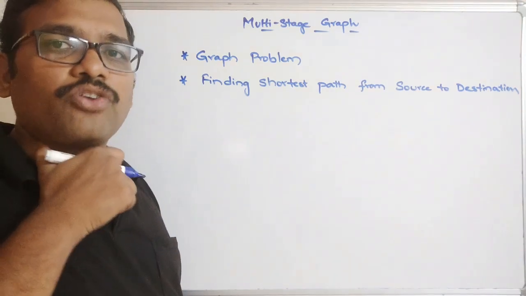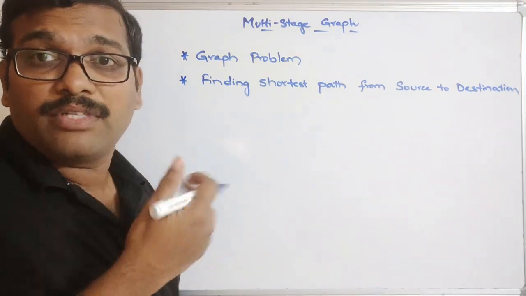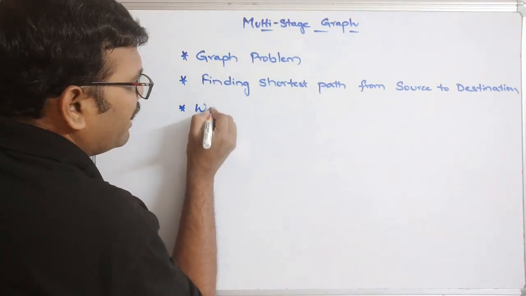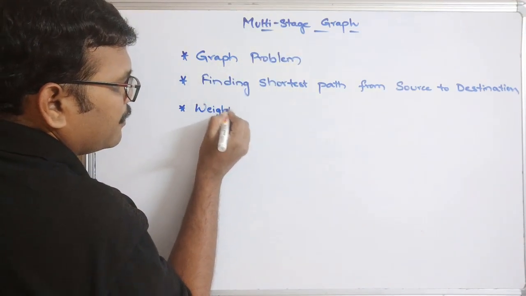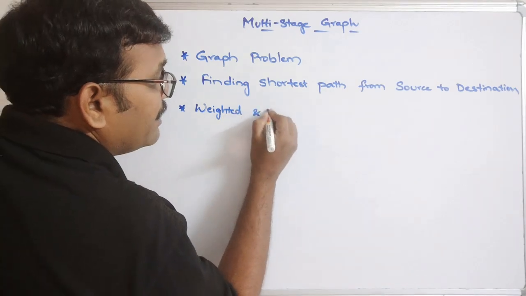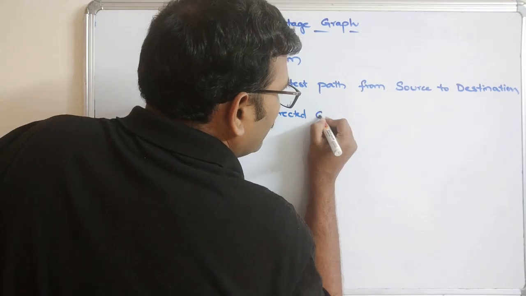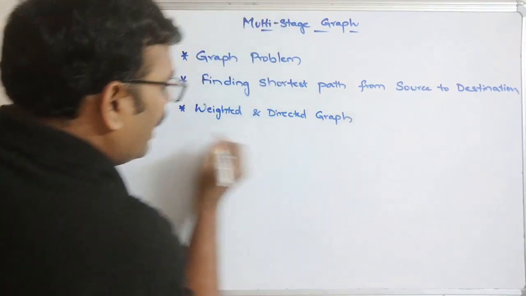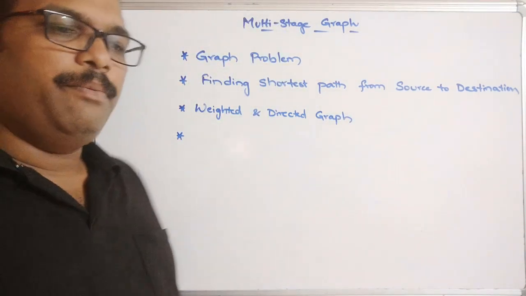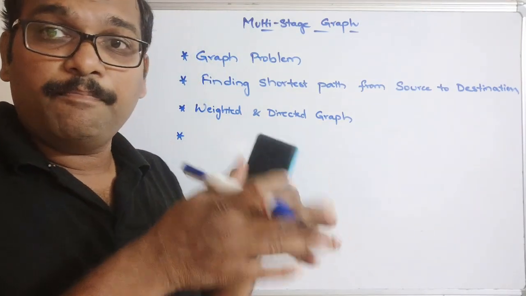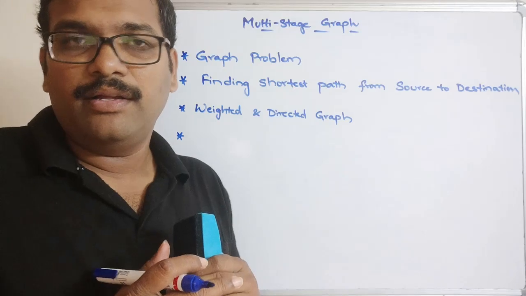In order to find the shortest path, we are supposed to have some constraints. So that is, we need to use the weighted and directed graph. So only we have to take the weighted and directed graph. And here the vertices will be divided into different stages. Okay, so some sort of partitions, right?